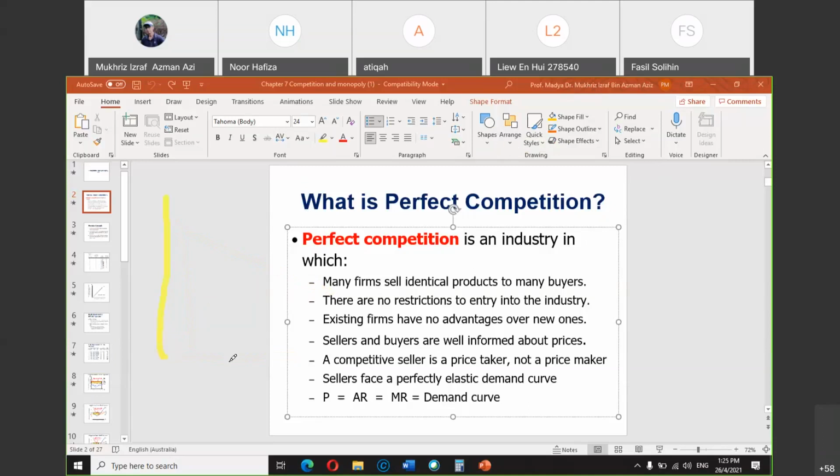For perfectly elastic, you can go back and check your slides on the previous chapter. Perfectly elastic is whereby the demand curve is perfectly horizontal, meaning that the quantity can go from 0 to infinity, but they can only sell at one price. Versus if the demand is perfectly inelastic, meaning no matter what price the seller gets, the quantity remains the same regardless of the price received in the market.